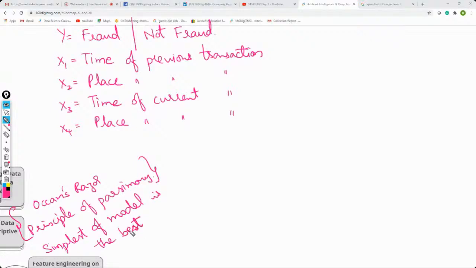It's not that, hey, I'll make my model look very, very complicated. Absolutely not. The simplest model is the best. Occam's razor or principle of parsimony means the same. Now, if you take all the 4 inputs and build a model, your model will look like this. Y is equal to beta naught plus beta 1 x1 plus beta 2 x2 plus beta 3 x3 plus beta 4 x4.